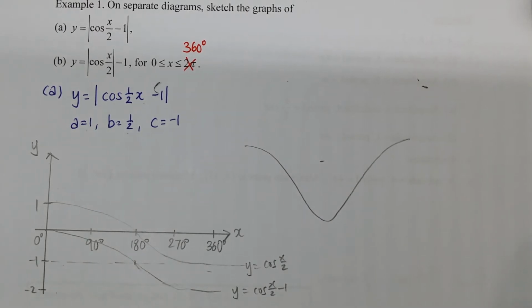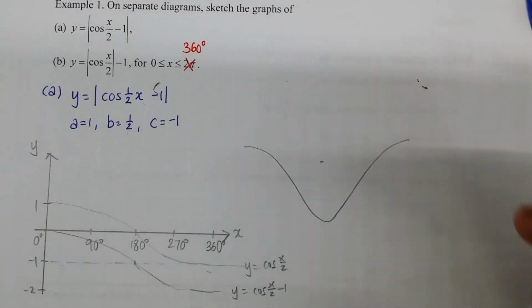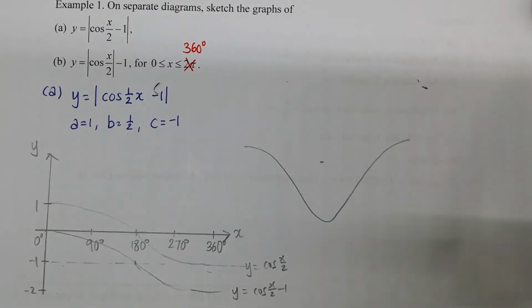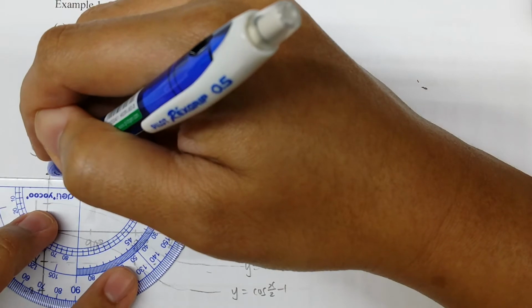So now the entire graph will be modulus. What does it mean? The new graph over here will be flipped upwards. I need to mark out a 2 on top.